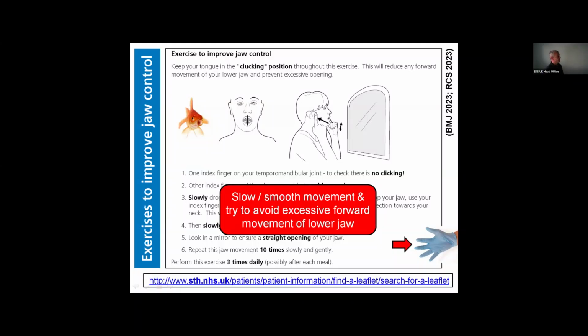And if I look from the side, what I want to prevent is any excessive forward movements of the jaw, and I also want the movement to be nice and slow.